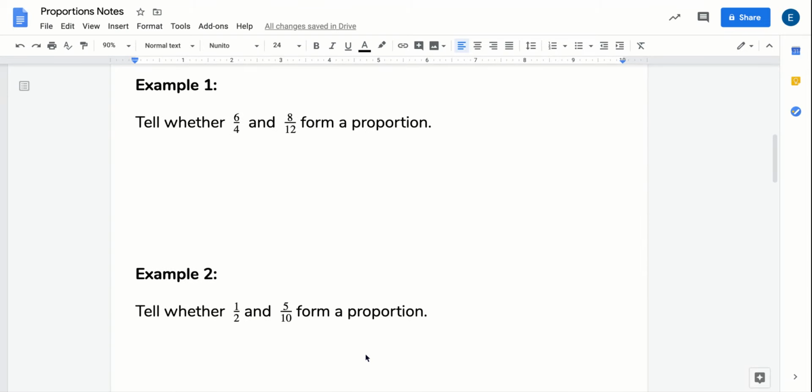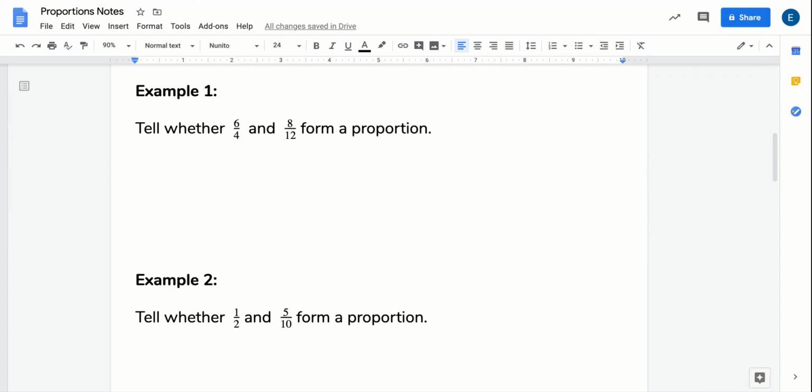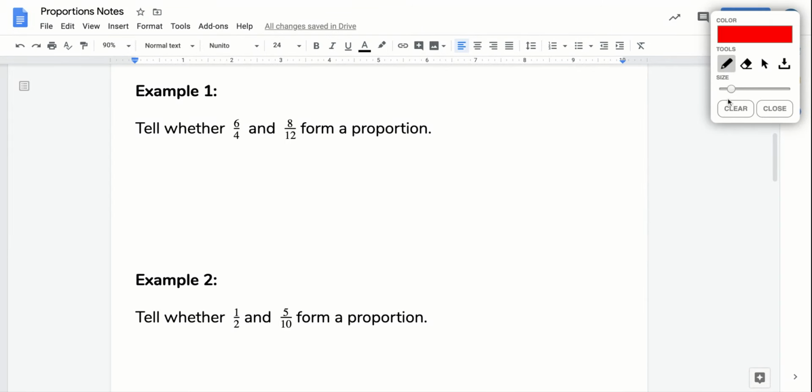Let's take a look at an example. I have 6/4 and 8/12. So I'm going to write my ratios, 6/4 equal to 8/12. I'm going to circle like a butterfly. This is where you cross product, my butterfly method.